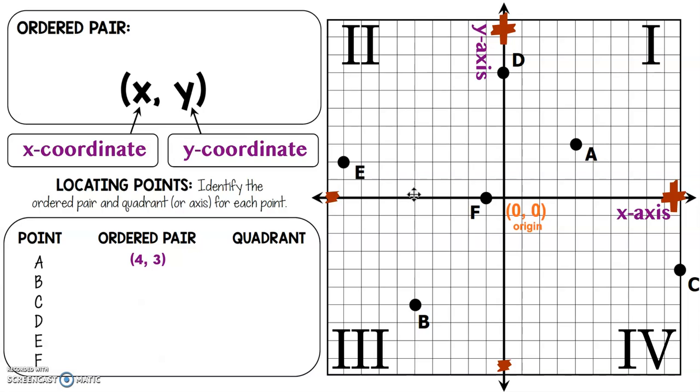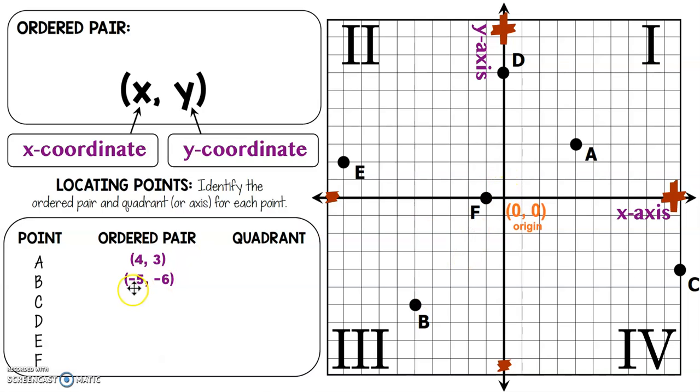So my x coordinate for B should be a negative 5. If I count on my y-axis, I'm also going down into the negative y values. So I count down 1, 2, 3, 4, 5, 6. Because I'm on the negative side of my y-axis, my y-coordinate is negative. So my ordered pair is -5 for my x-coordinate and -6 for my y-coordinate.